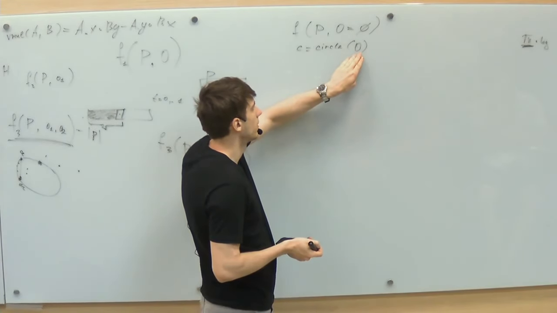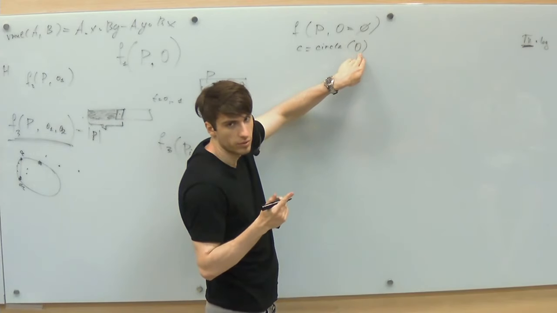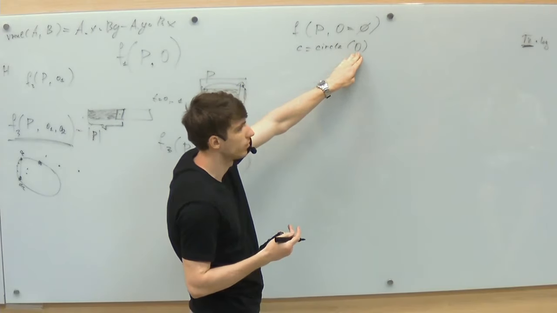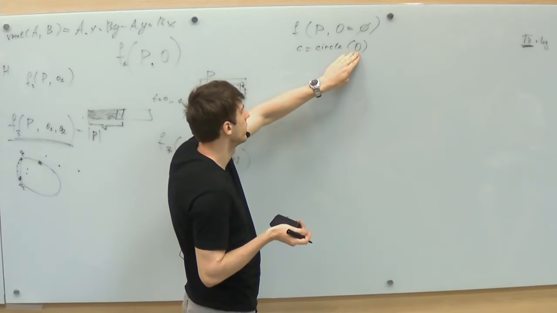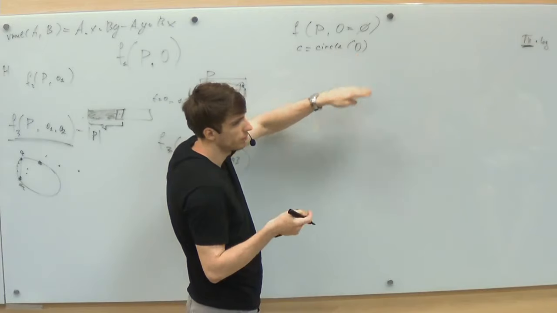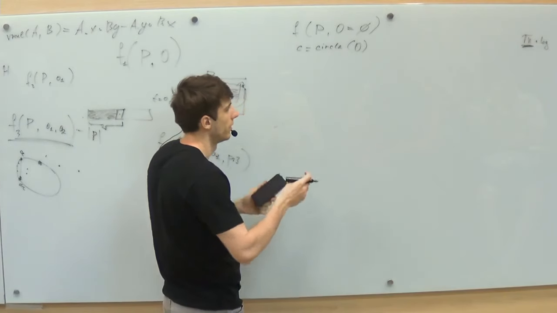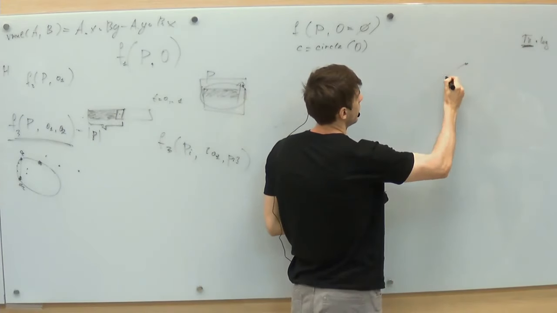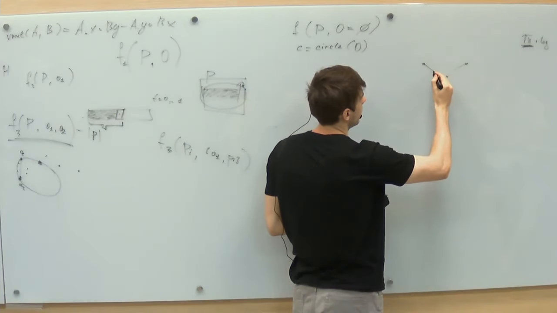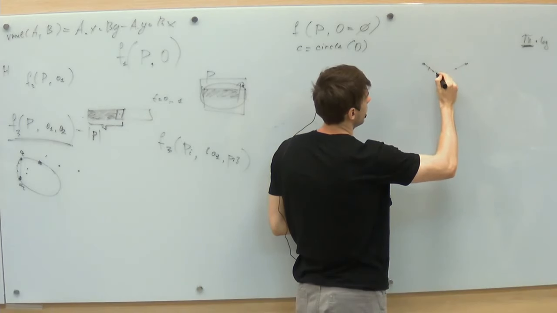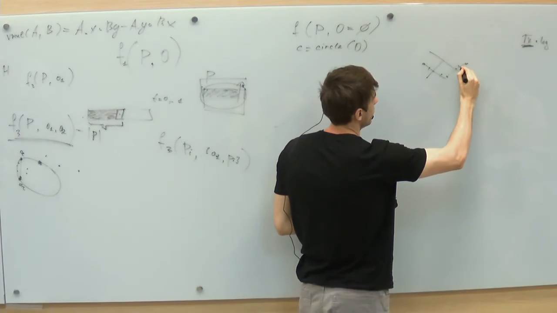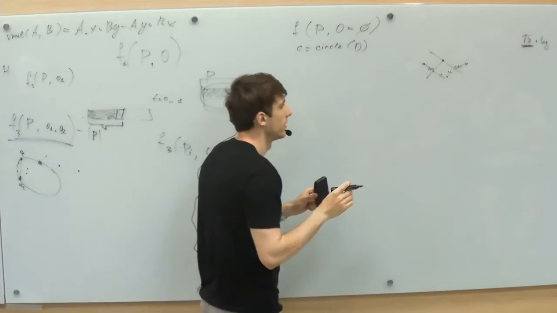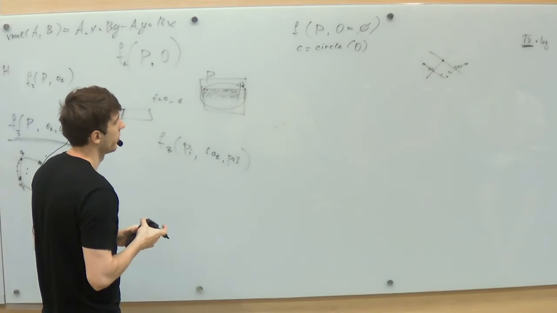If it's 1 point, then it's a circle of radius 0. If it's 2 points, then it's just the circle on the diameter of the segment. And of course, if it's 3 points, there's also a unique way: you intersect the perpendicular bisectors to find the center of the circle. That's how you construct it, if you forgot.